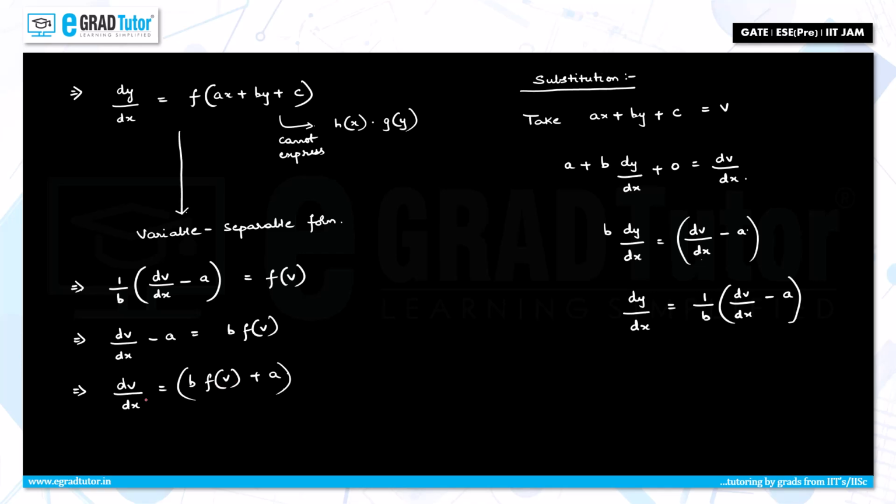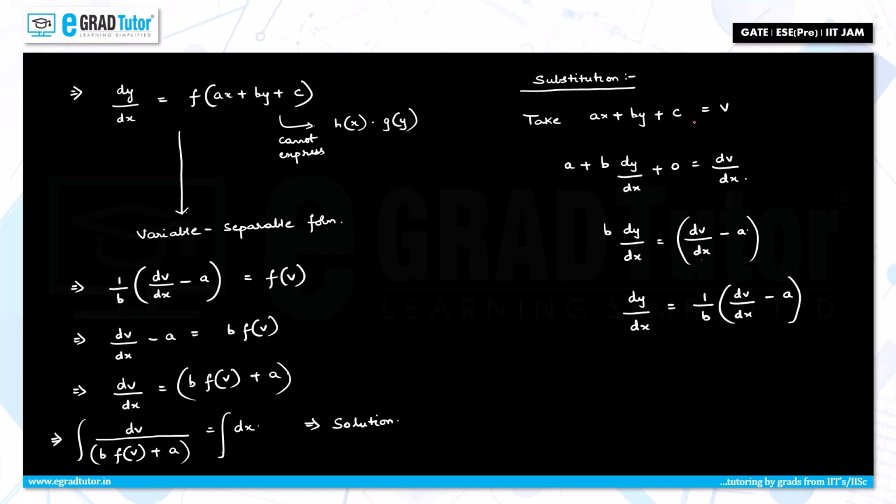Now bring this to the left hand side. dv by (b times f of v plus a) is equal to dx. This is variable separable form. Now when you integrate on both sides, you get the solution. This is reducing the given differential equation to variable separable form using a suitable substitution.